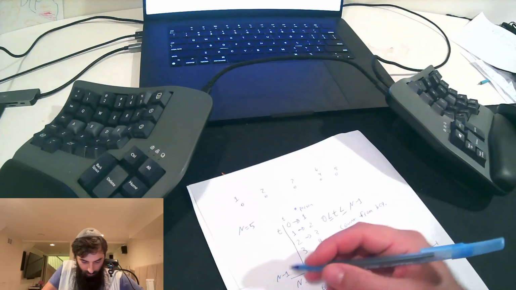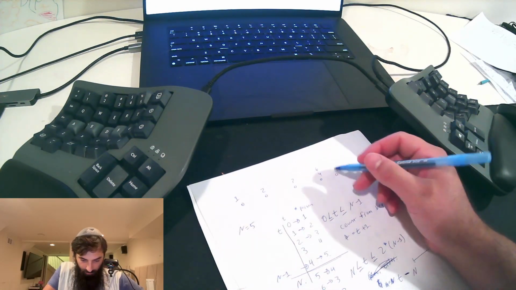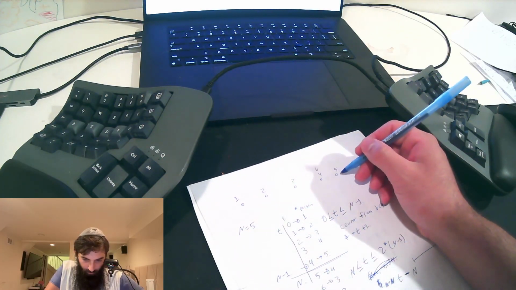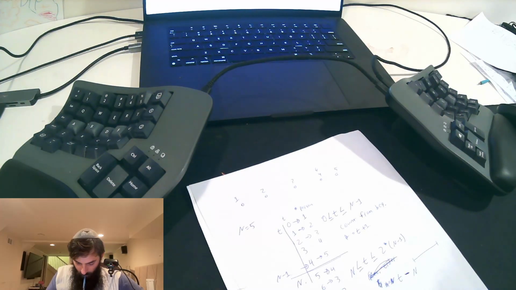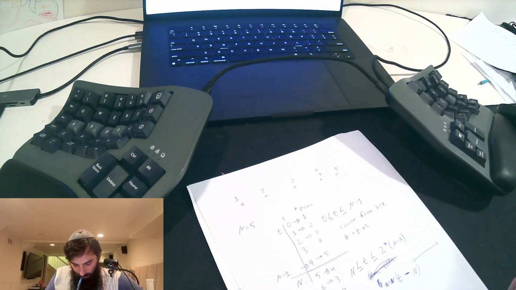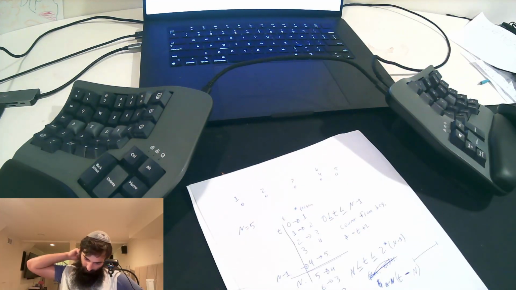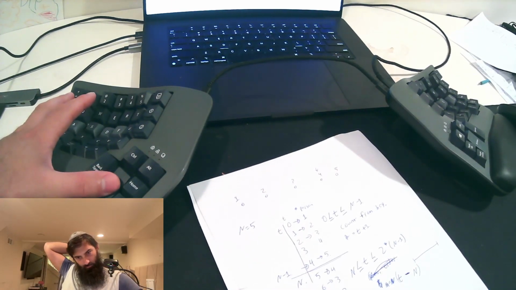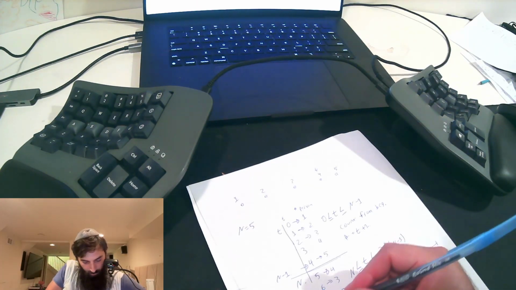That's going to be, in this case, where t is 5 and n is 5, 1, 2, 3, 4, 5. T minus n. T minus n. 1, 2, 3, 4, 5. What is this? 8.